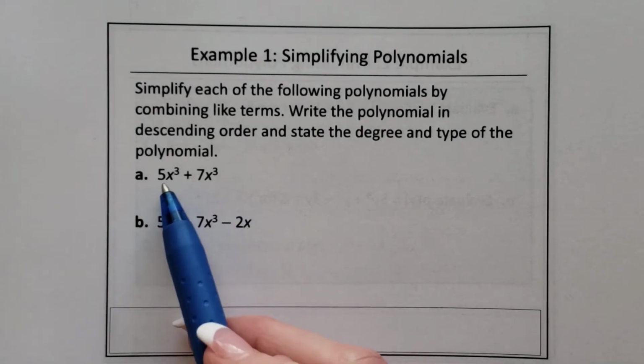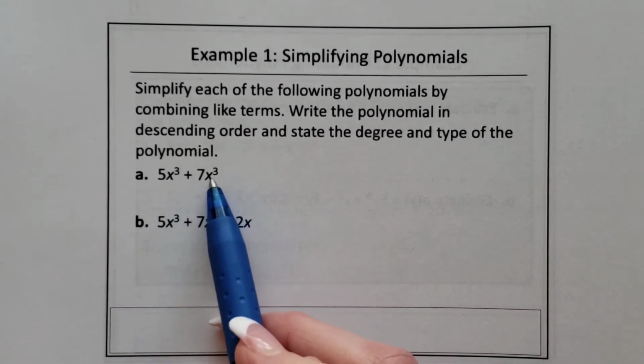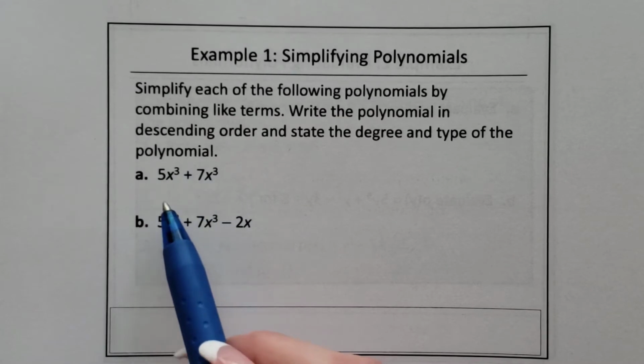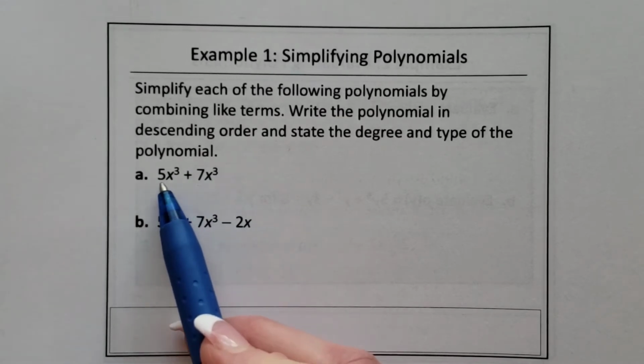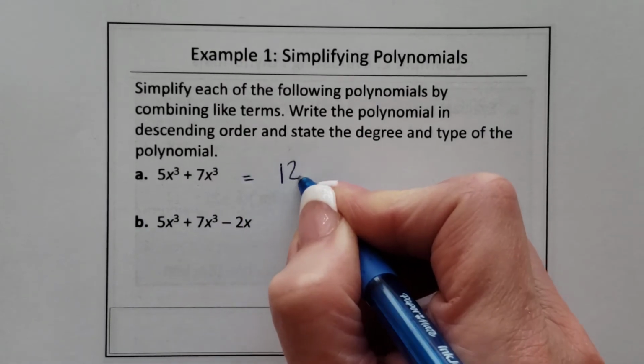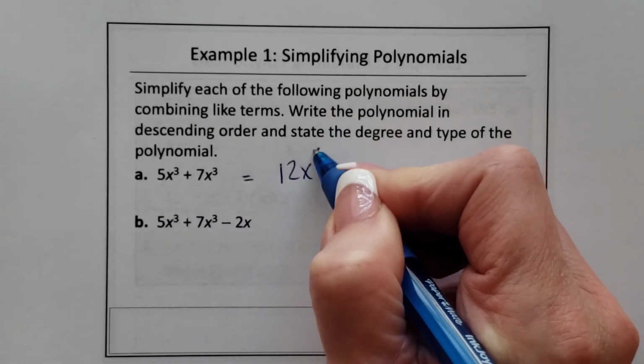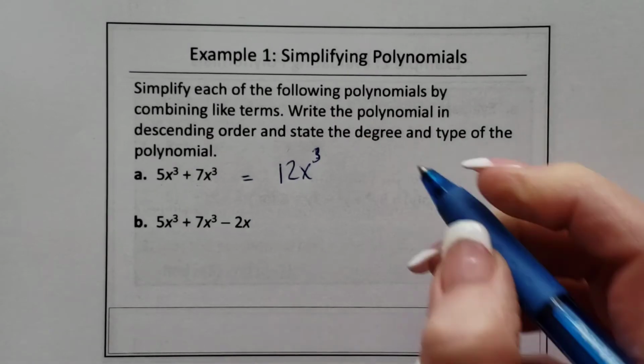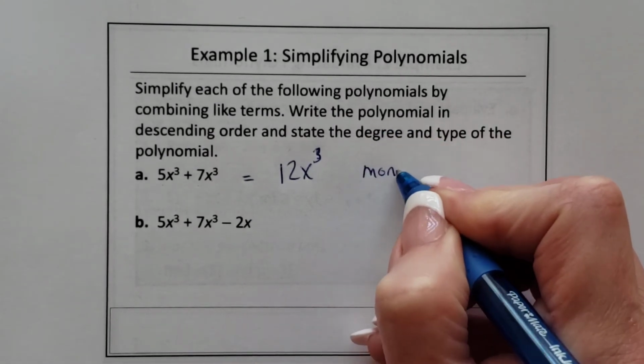So only when the variables and the exponents match exactly can you add the coefficients. So 5x cubed plus 7x cubed equals 12x cubed. So we've simplified it. We're going to identify it as a monomial.